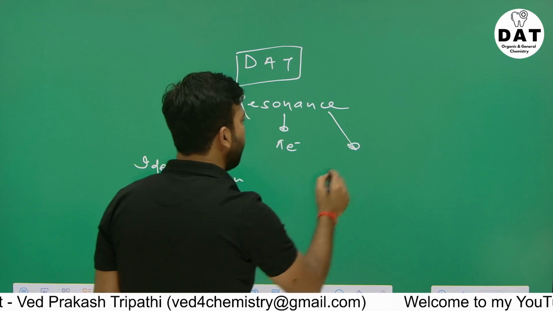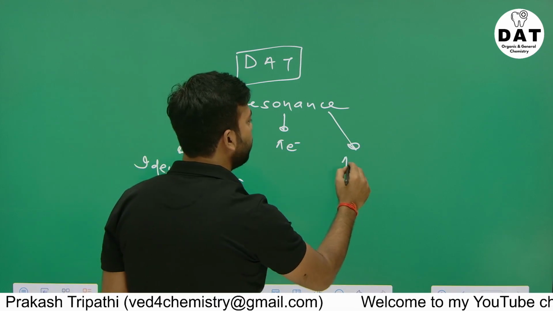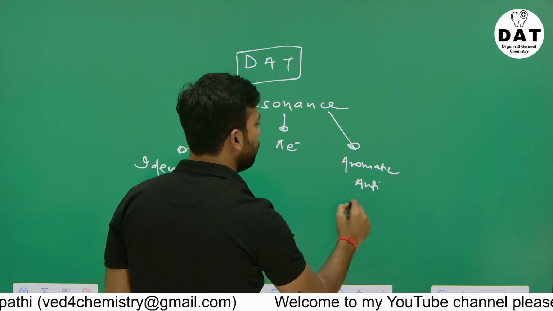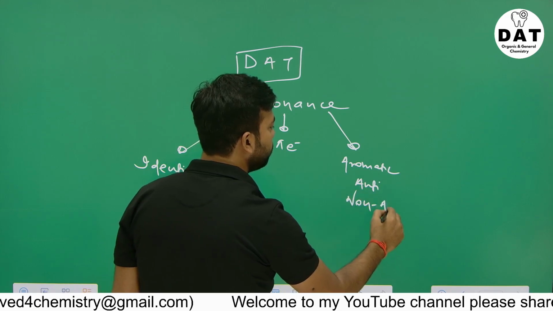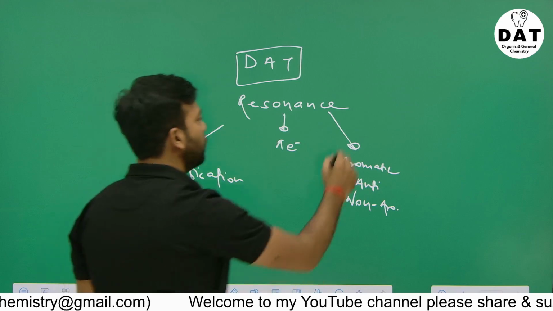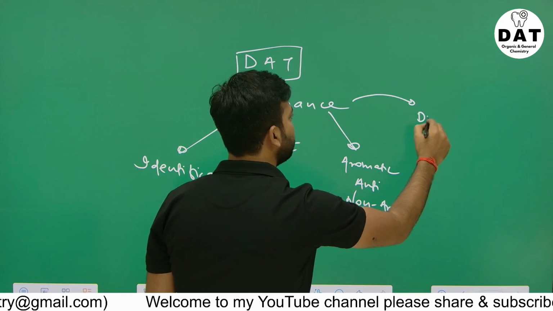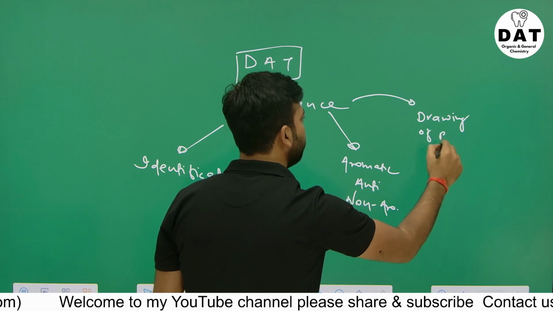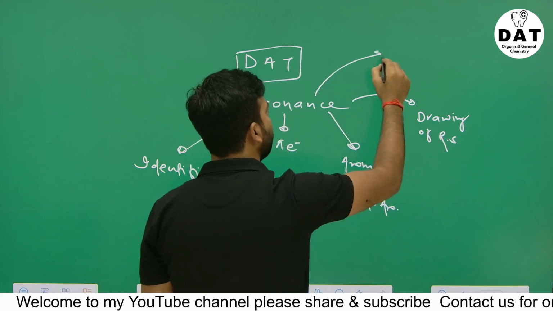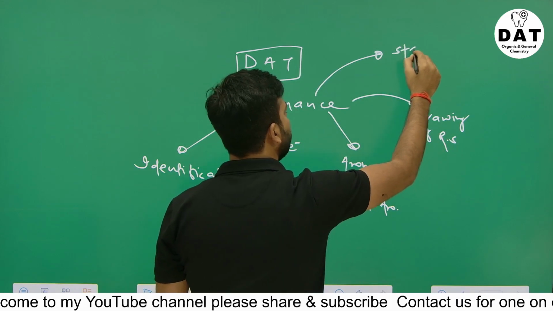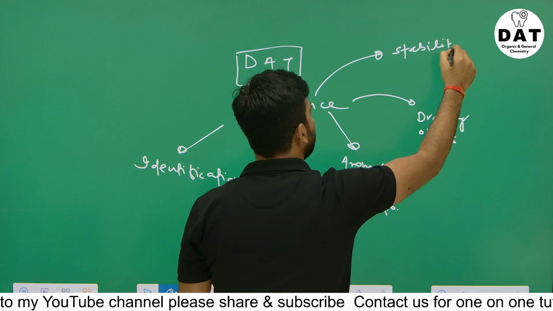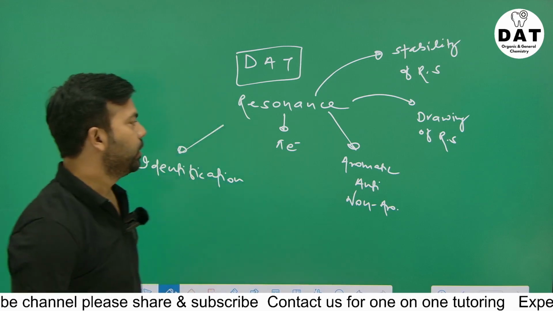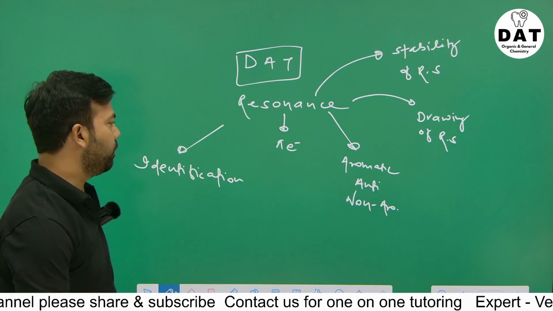Third thing is application of pi electron in aromatic, anti-aromatic and non-aromatic. We have done this as well. And the next one is drawing of resonance structure. We did this one as well. And the last thing about resonance is what? Stability of resonance structure. Clear? So this is very, very important, and we have done all the things.